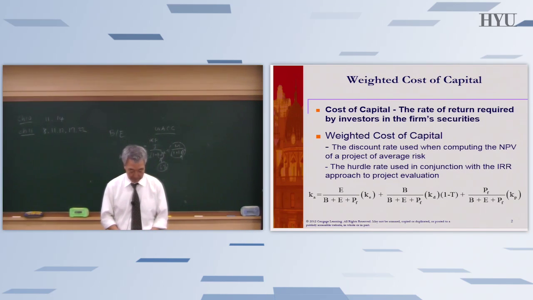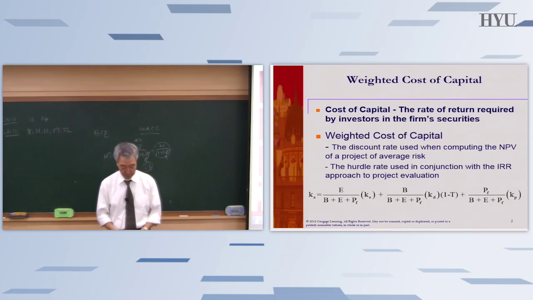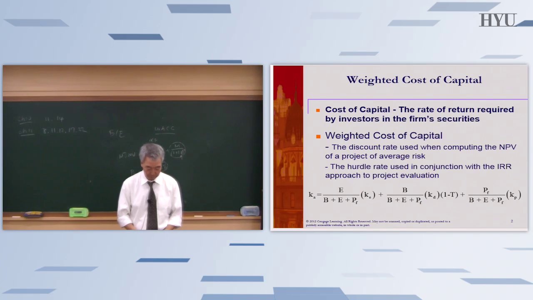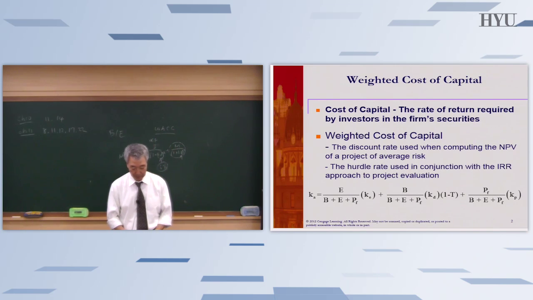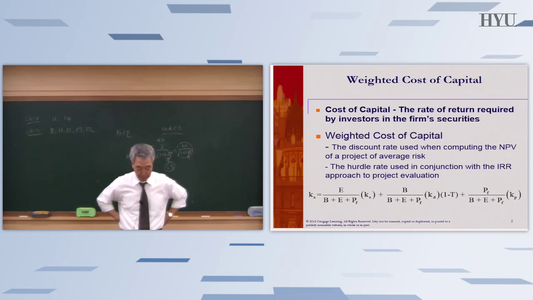Okay. And exactly how do we calculate the WACC? K_A is the weighted cost of capital, okay? And the B, E, P all stand for the market value of different types of capital.